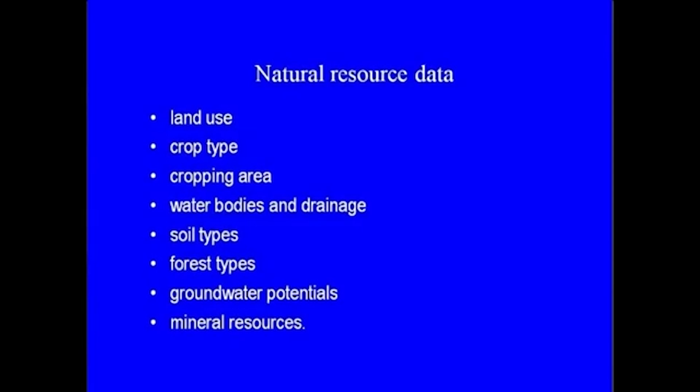And these could be the land use of that particular area, the different types of crops which are being grown, the total crop area, what are the water bodies and the drainages which exist, soil types, forest types, groundwater potential, mineral resources.